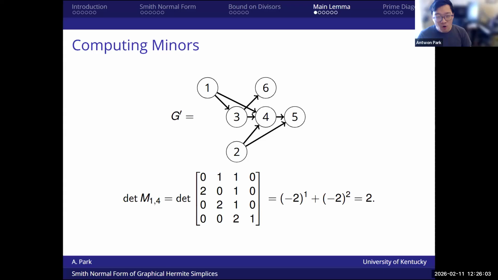So somehow, if I want to compute this particular minor, I just need to count the paths and count the numbers in between that I'm missing out on.